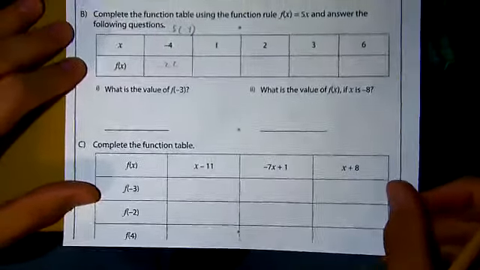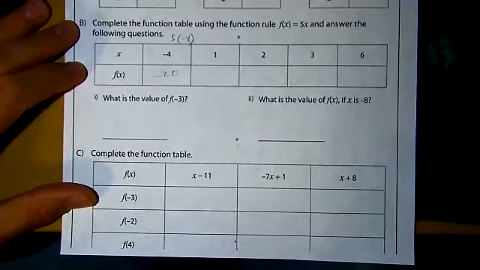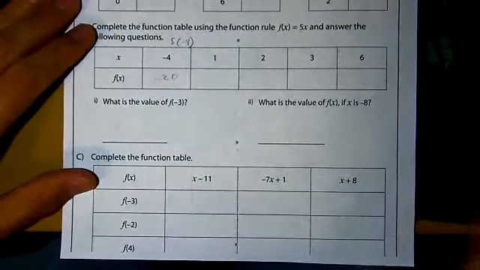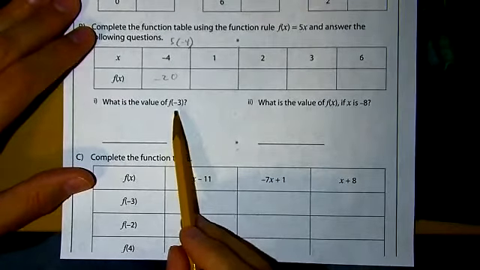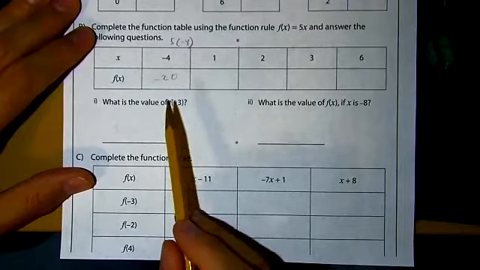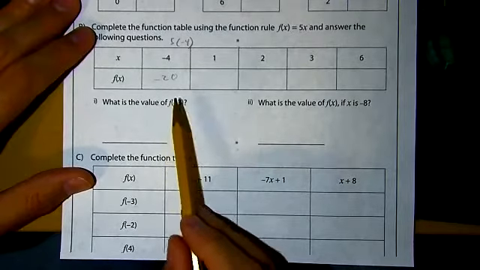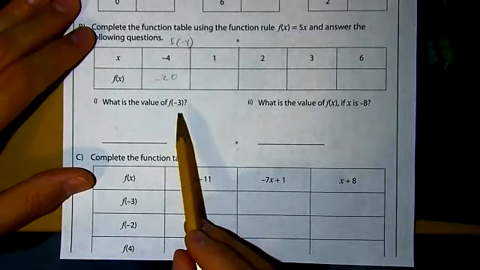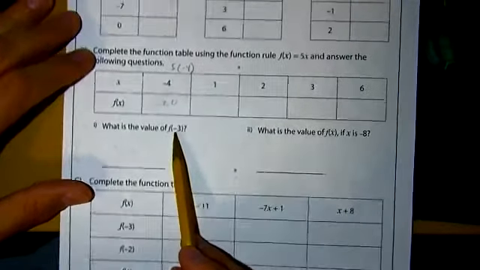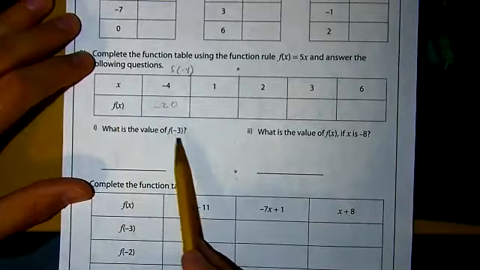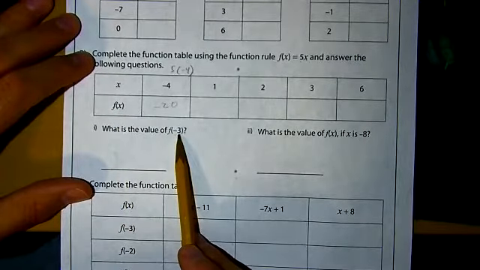Now, you might get a problem that is worked the same way, except you don't have input-output tables. They might just want one answer. And if they just want one answer, they're going to word it like this. So they're going to put f, stands for function, parentheses, negative 3, parentheses. All that means is if x, which normally goes there, was negative 3, what would your answer be?